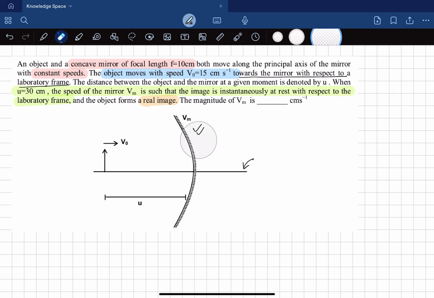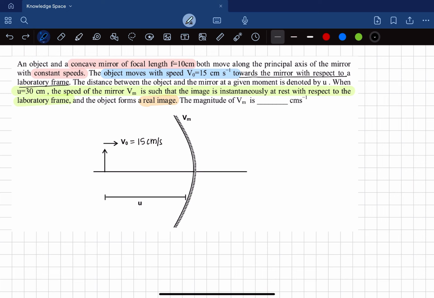So I'm just going to get rid of all of that. And this is equal to 15 centimeters per second towards the mirror with respect to the laboratory frame. So if we're doing this experiment in the laboratory, this 15 centimeters per second is with respect to us.